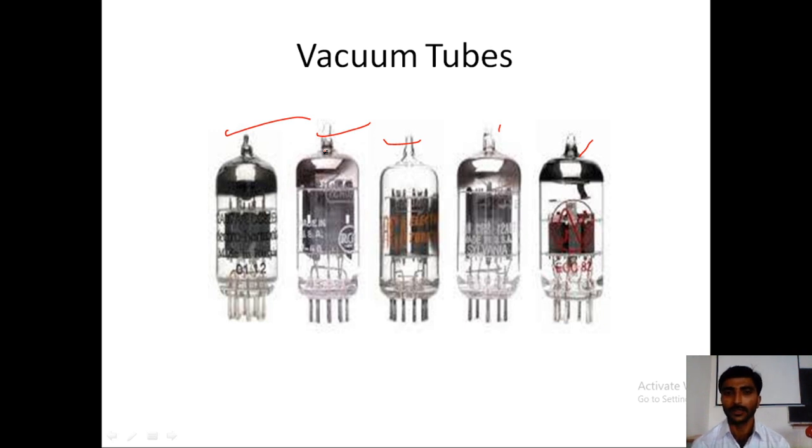It means that vacuum tubes were very costly at that time. In the first generation they were very costly, and they took a lot of space for installation. It takes an entire room, for example a bedroom in your house or any classroom, for one computer, because thousands of vacuum tubes are used in that computer.